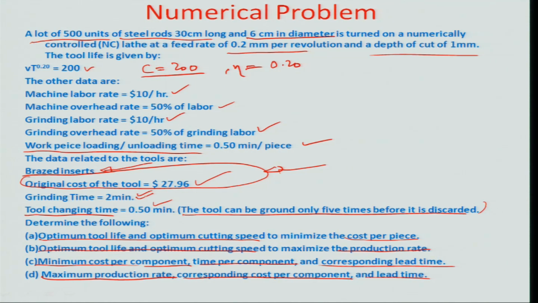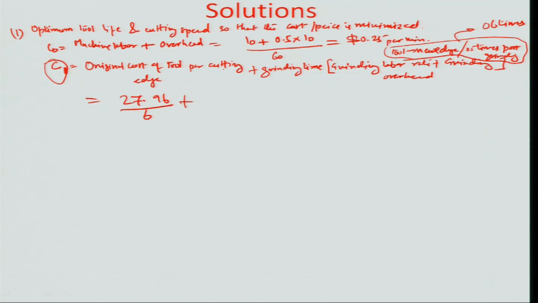The grinding time is 2 minutes and the tool changing time is 0.5 minutes. So here what we are going to do is calculate the overall grinding cost by 2 minutes times the labor and overhead which you utilize here. So there are exactly $15 an hour.